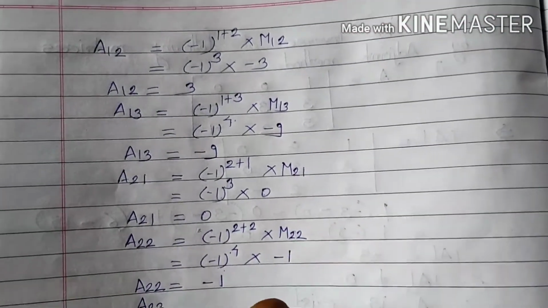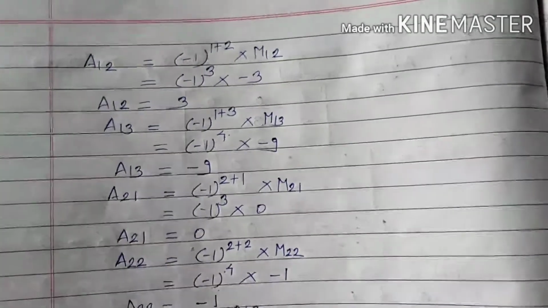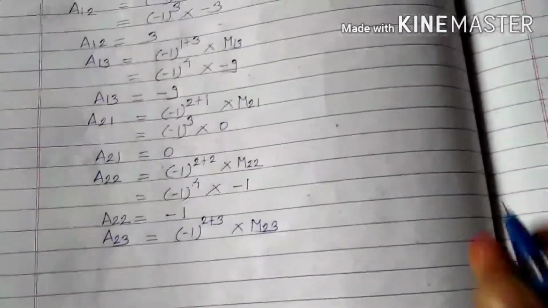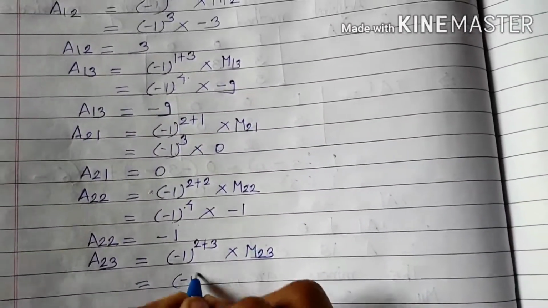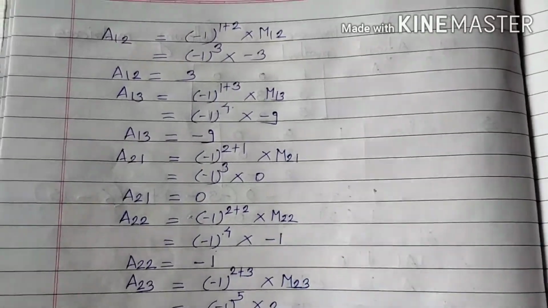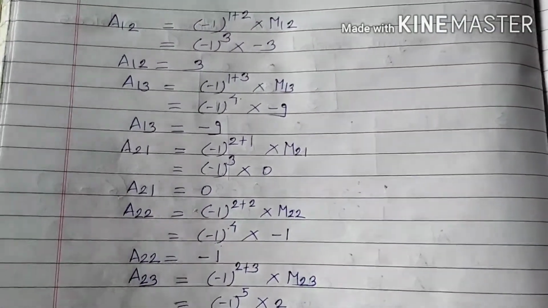Next, A23, minus 1 raised to 2 plus 3 into M23. So minus 1 raised to 5 into M23, which is 2. Minus 1 raised to 5 is minus 1 into 2 is minus 2.